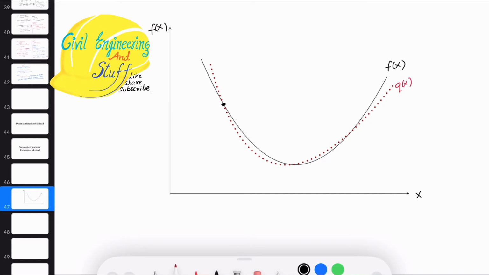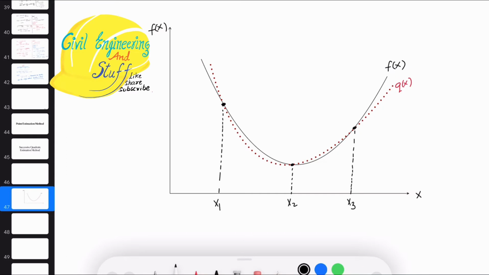So we have 3 points. Let's say this is x1, this is x2, and this is x3.